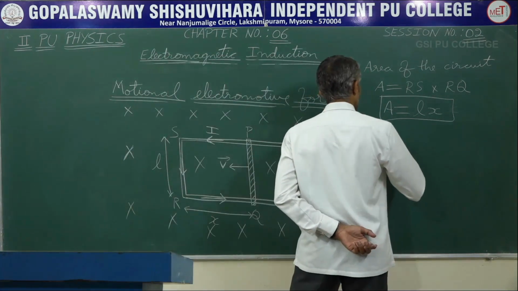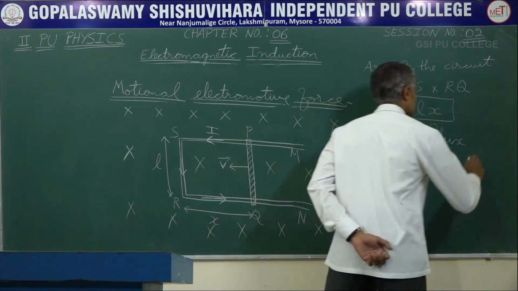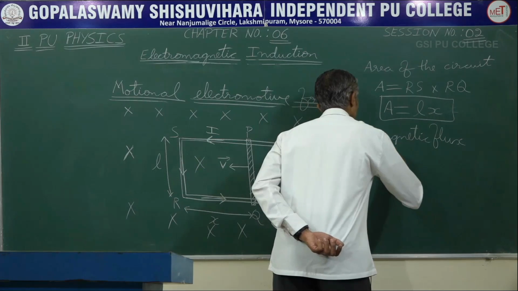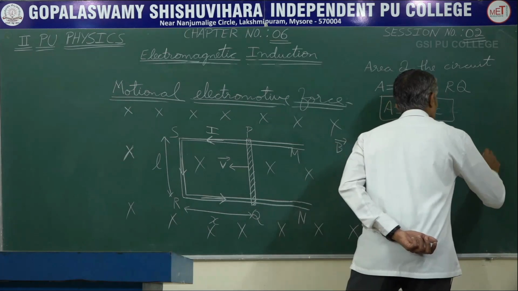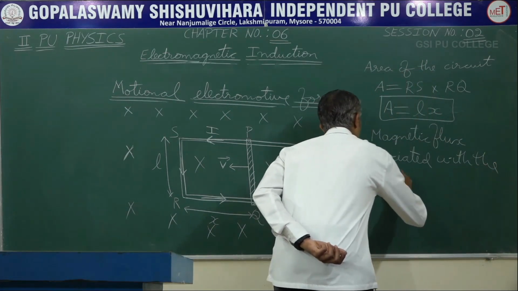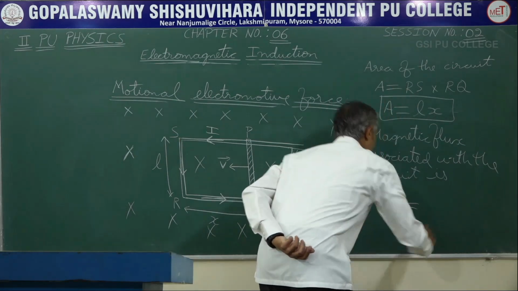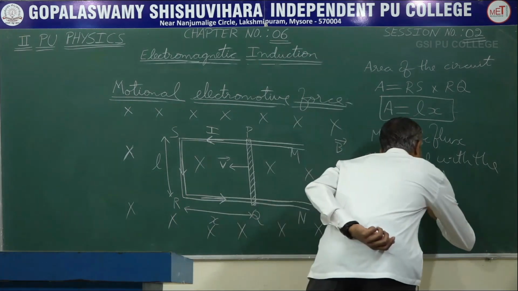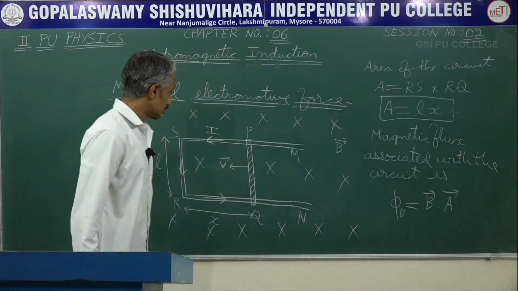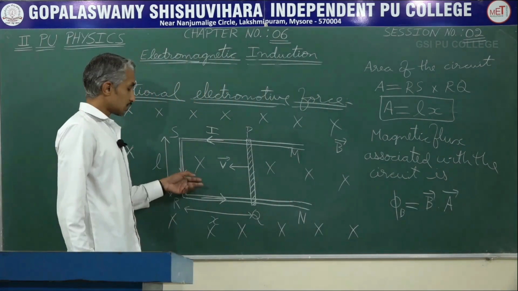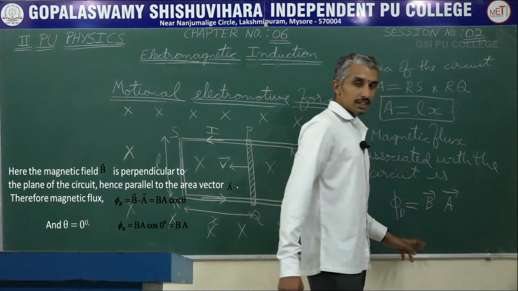The magnetic flux phi B is B dot A. As the magnetic field is perpendicular to the circuit, this will become B A cos theta, where theta is 90 degrees.